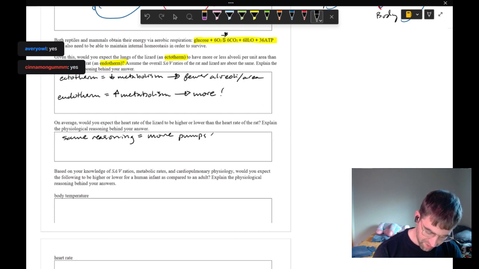So more pumping of the heart per unit time gives you better, more efficient fuel and waste product exchange throughout the body.